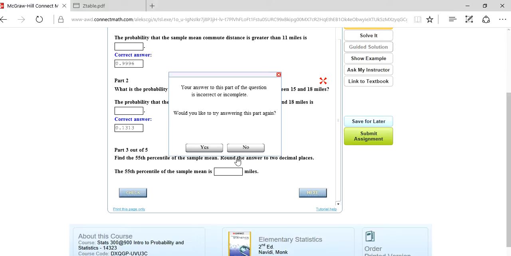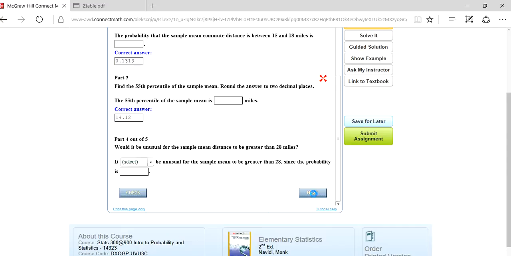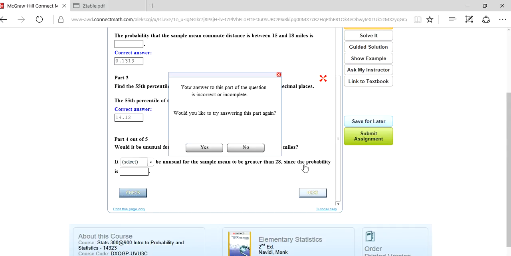Whenever you press guided solution, it will make you try another problem because the guided solution gives you the answer. So I'm just skipping all the way to part 5.